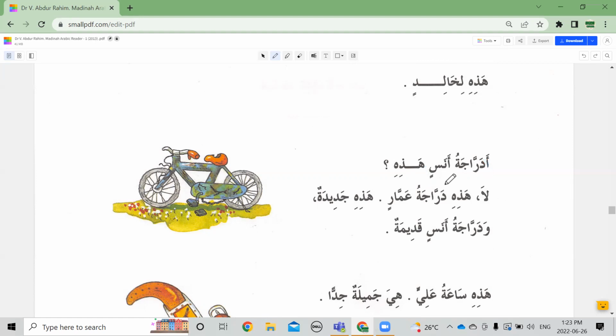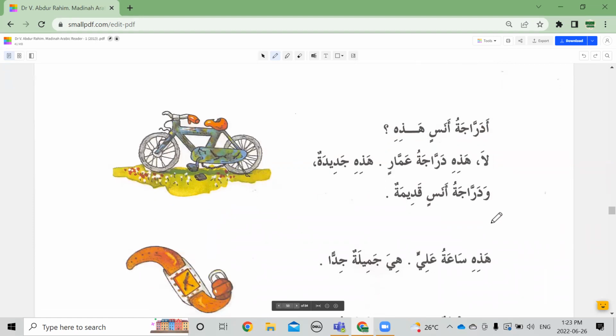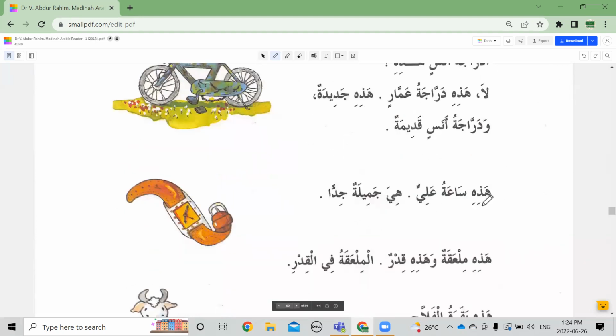No, this is Ammar's bicycle. Hazihi jadidatun. This is new. Wadarajatun Anasin qadimatun. Anas's bike is old. Jadidatun, qadimatun. This is the feminine form of the adjective. Yes. Okay.